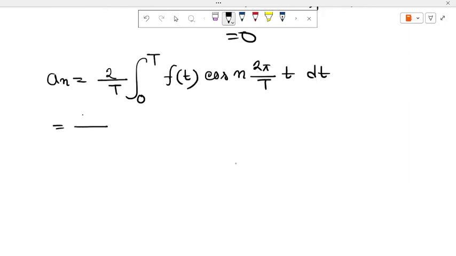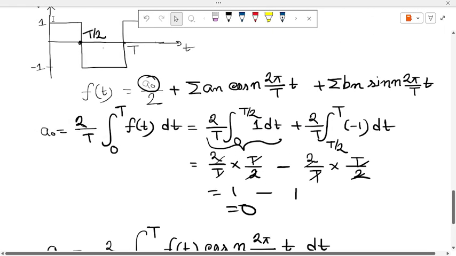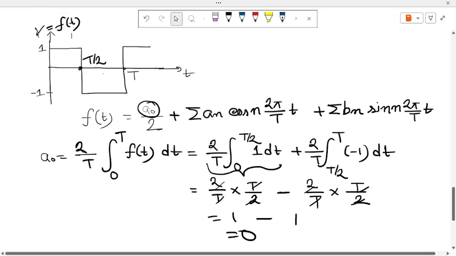So first of all 2 by T, we first take 0 to T by 2, then T by 2 to T. From 0 to T by 2 the signal's value, let's say v, and this is also f of t, so f of t and v are the same.